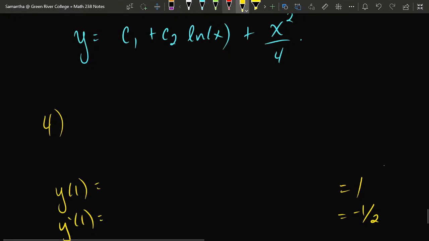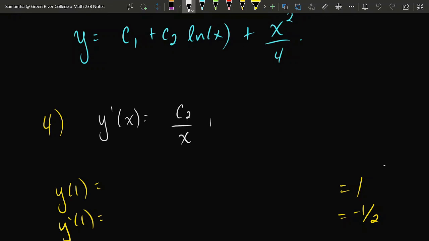So to that end, let's calculate y prime so that we know what we're plugging 1 into. C1 will vanish, natural log will become 1 over x, and x squared over 4 will become x over 2. If I plug 1 into the original function, then I get C1, natural log of 1 vanishes, plus 1/4.